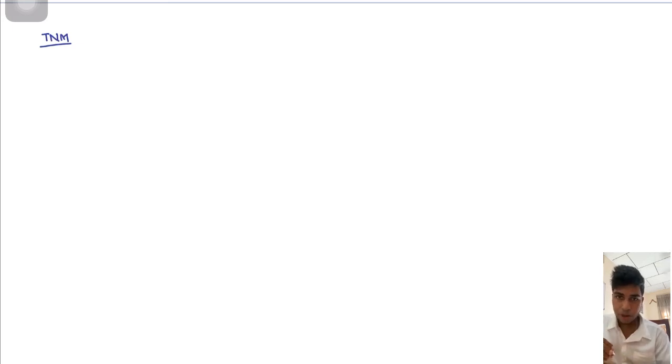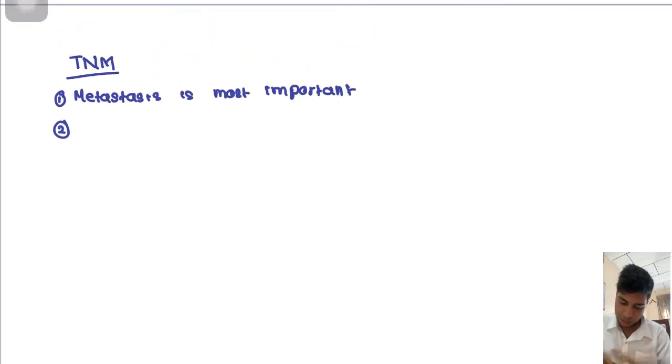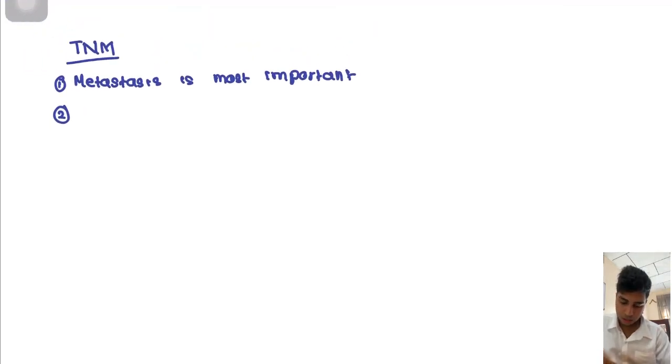Metastasis is the most important thing to find out, but usually before that happens, we find the lymph node involvement. The next one is what we can actually do: lymph node involvement.